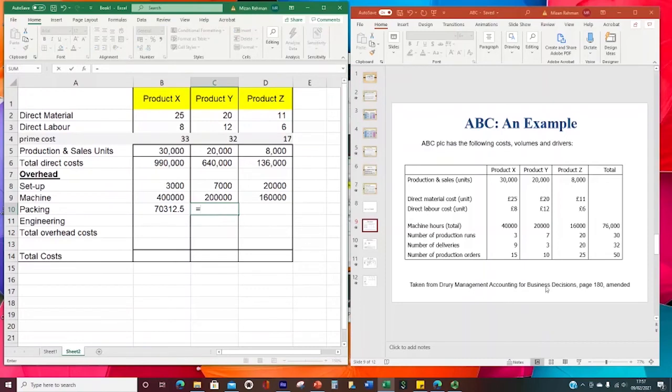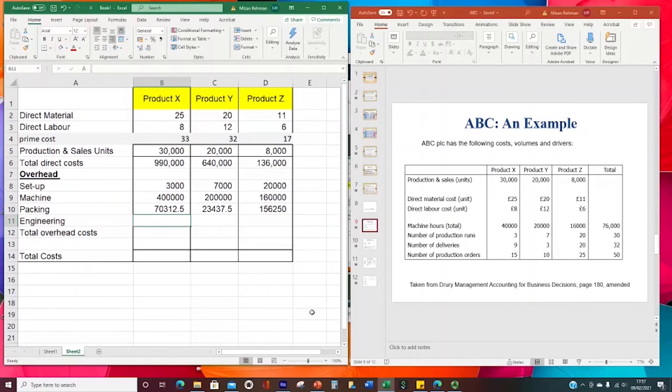Again, for Y, we have number of deliveries as 3 times 7812.5 and we get a figure of 23,437.5. And for Z, we had 20 dispatches times 7812.5, and we get 156,250.